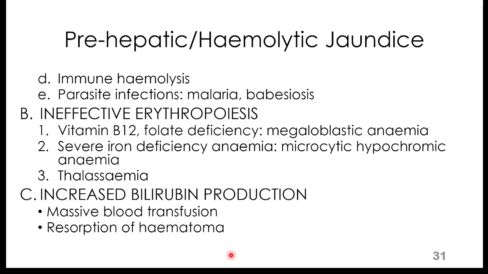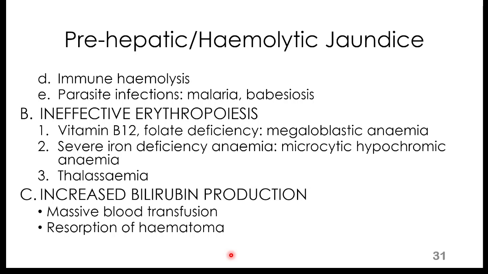Or resorption of hematomas. A hematoma is just a collection of blood. If you've ever seen somebody that was punched on the face or head, or hit with something on the head, and it swelled up really much, right?